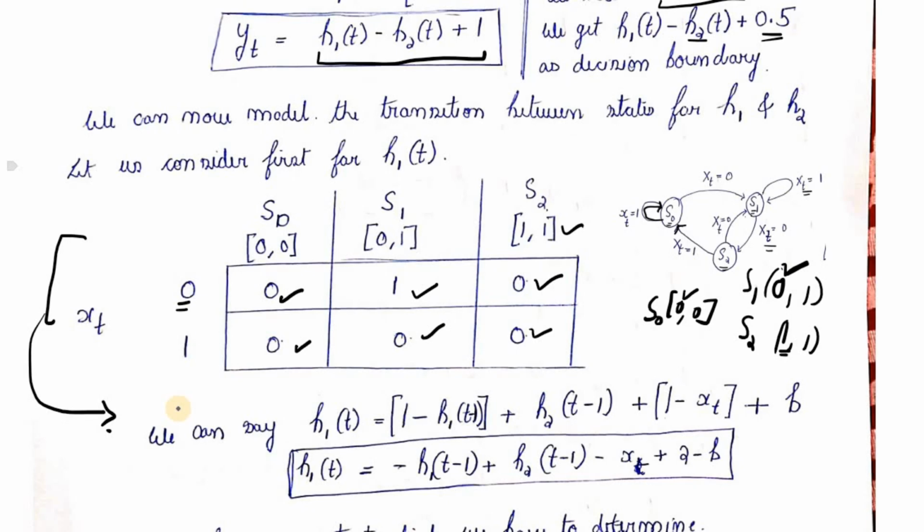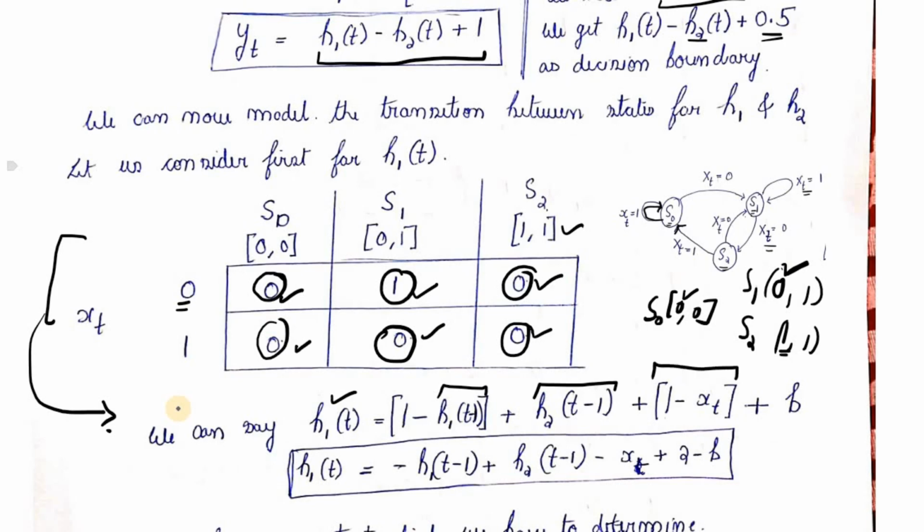We say that the current value, this is the h1t value which I am circling over here, depends on the negation of the h1t value which was in the previous step, which is h1t minus 1, and the h2 value which was there in the previous step, which is h2t minus 1, and we negate the term xt, which is represented by 1 minus xt, and add b to it. b is a small bias which we are adding to it. On solving further, this is what we are getting over here.